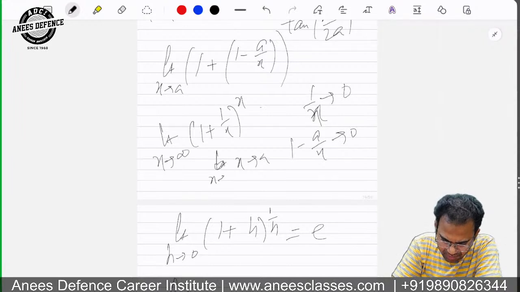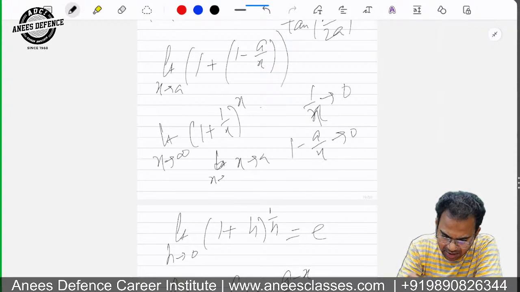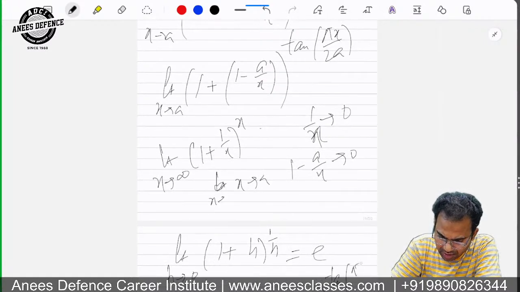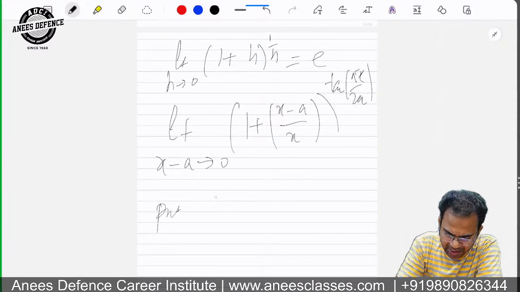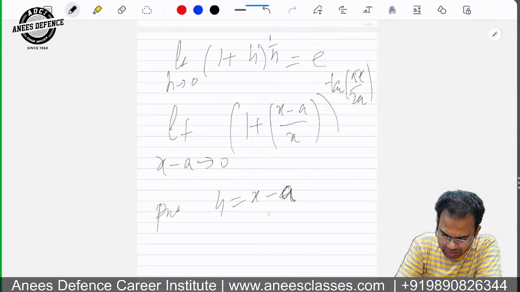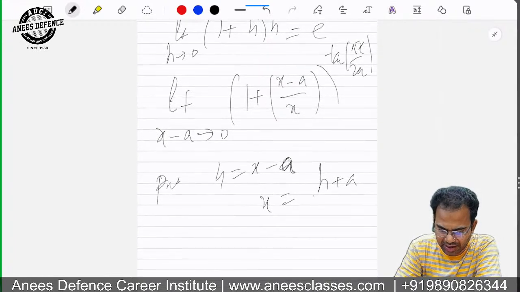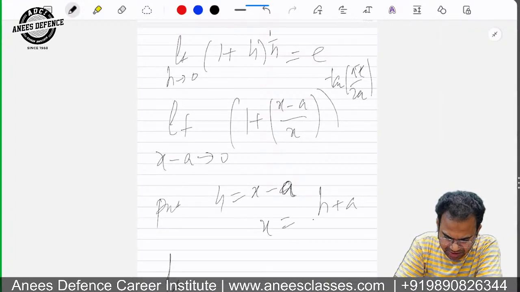And 1 plus (x minus a) upon x, whole to the power tan pi x upon 2a. So put h equal to x minus a. So x will be h plus a, right? Limit h tends to 0.